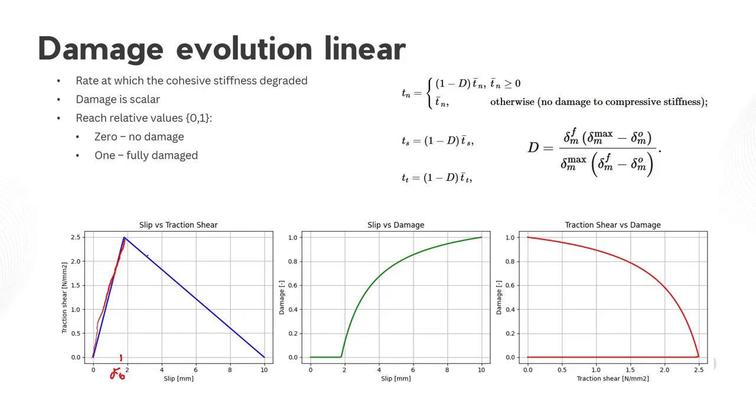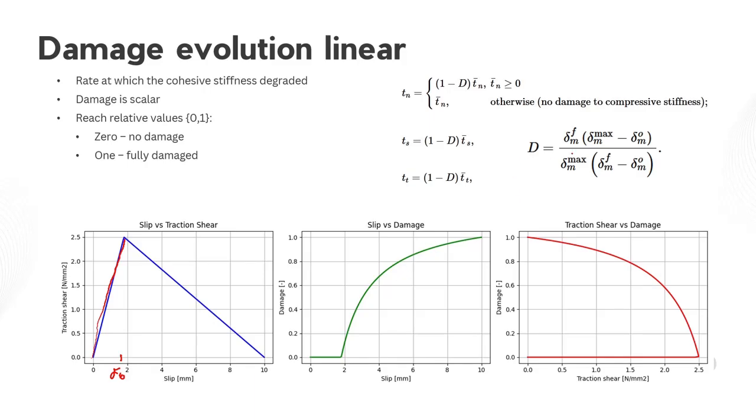From this point on, I'm experiencing some damage, and the damage needs to be somehow described. How? It will be discussed in the next slides. But the phenomenon is that the traction is linear, while if I compare the slip versus damage, the damage is a hyperbolic function.